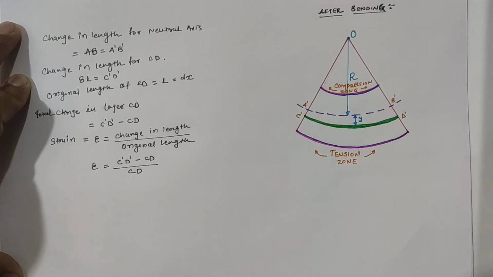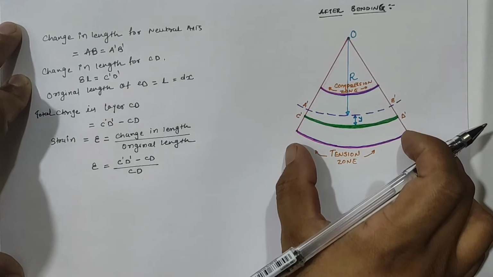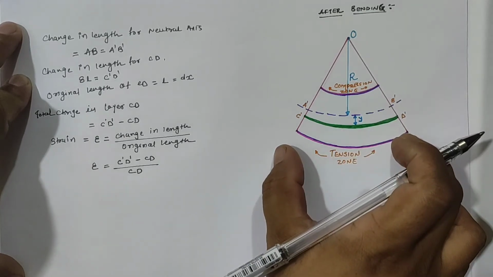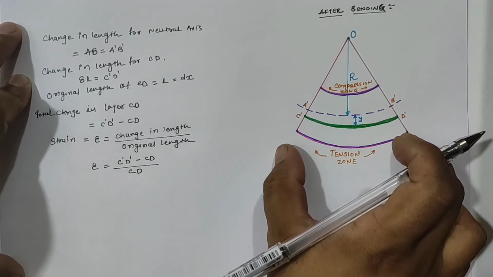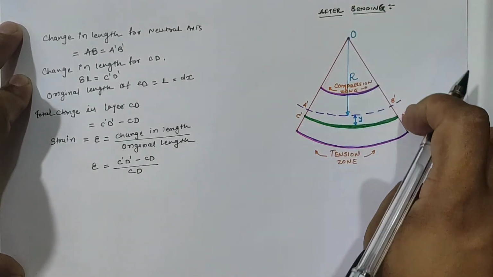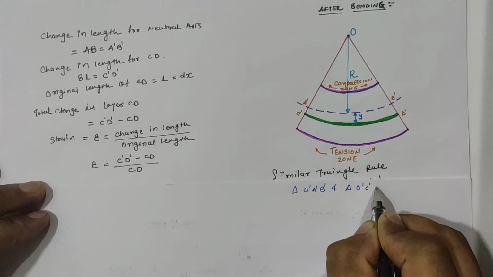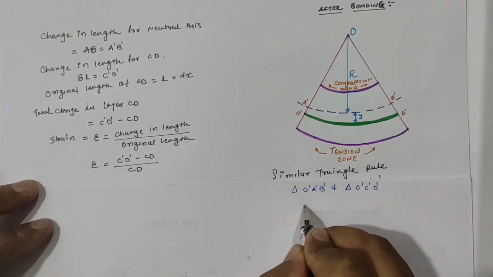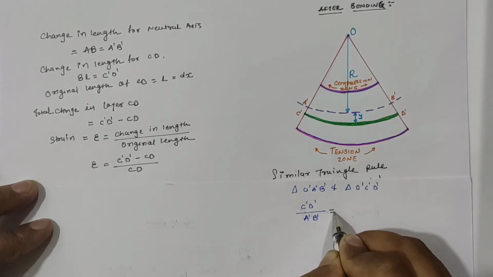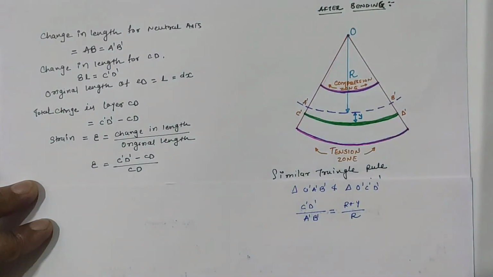Now the length is very small, dx, from the largest span, so we can take it as a triangle, and by the similar triangle rule for O a dash b dash and O c dash d dash, we can write c dash d dash divided by a dash b dash, which is equal to R plus y divided by capital R from the figure.